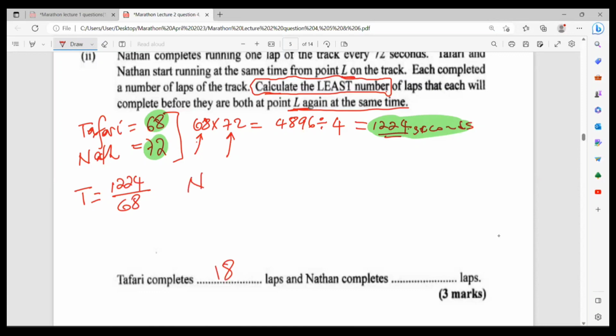Nate, 1,224 seconds divided by 17. This question is simply saying that by the time Tafari does 18 laps and Nate does 72, the two of them meet back at M. Remember, that's what it is saying. And that will happen 1,224 seconds after they start.